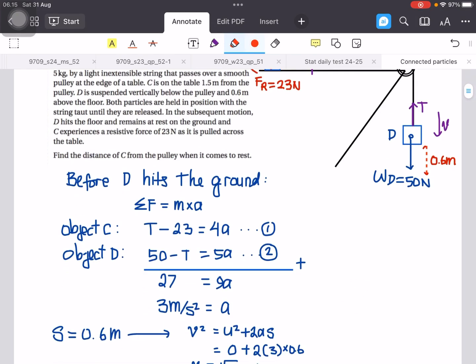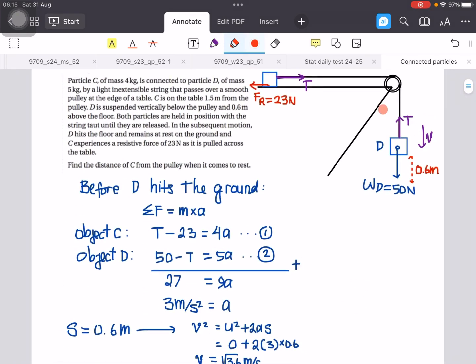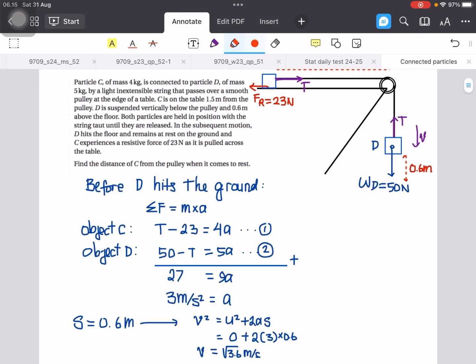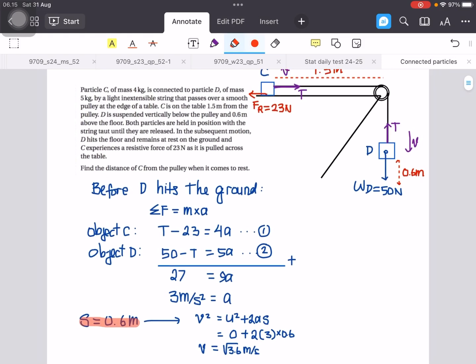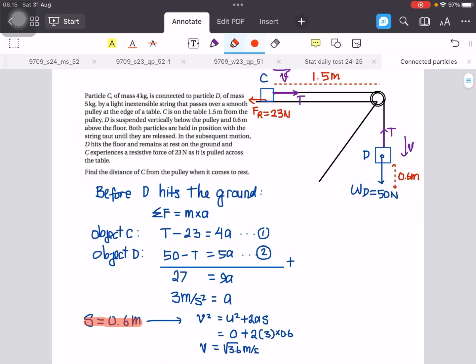And then D moves 0.6 meters before it hits the ground. We are going to find the final speed of particle D or particle C just before D hits the ground.